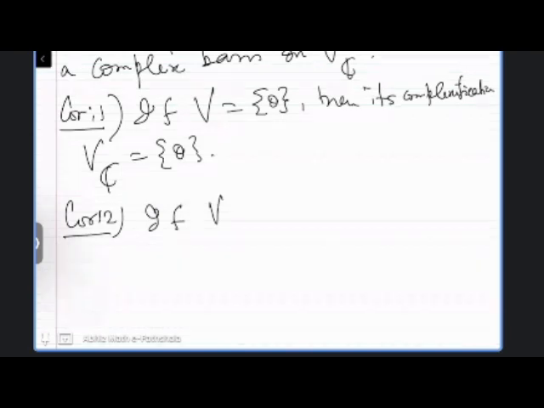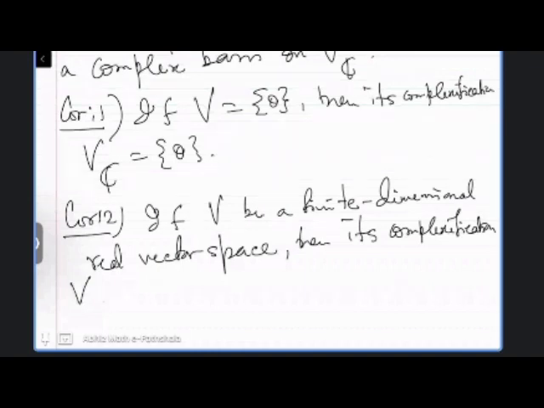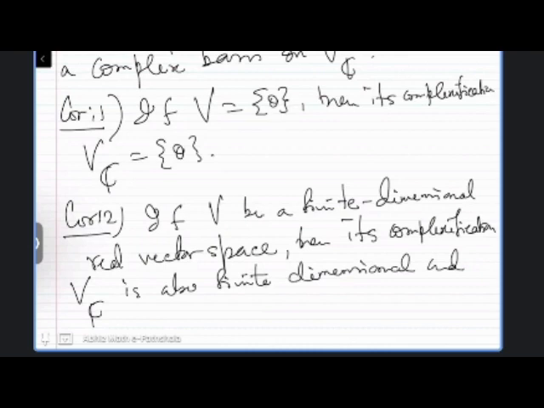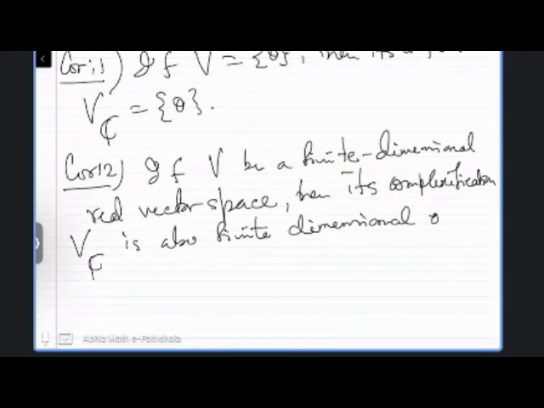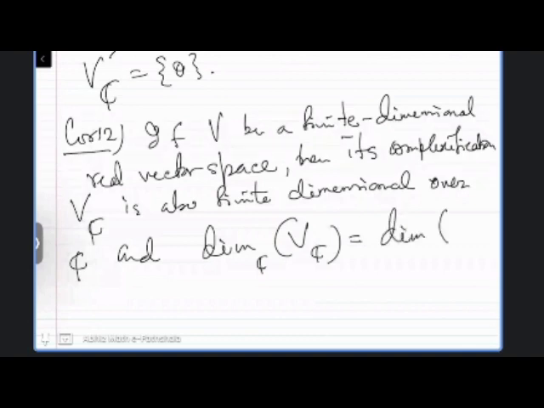So if V is a finite dimensional real vector space, then its complexification VC is also finite dimensional over C, and not only that, the dimension of VC over C is equal to the dimension of V over R. Okay, so the dimension does not change.